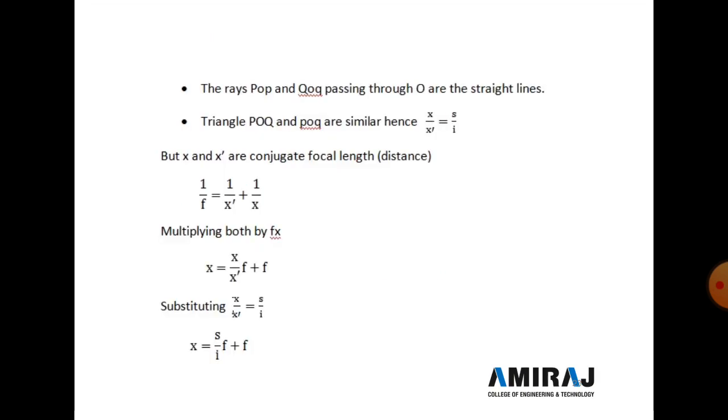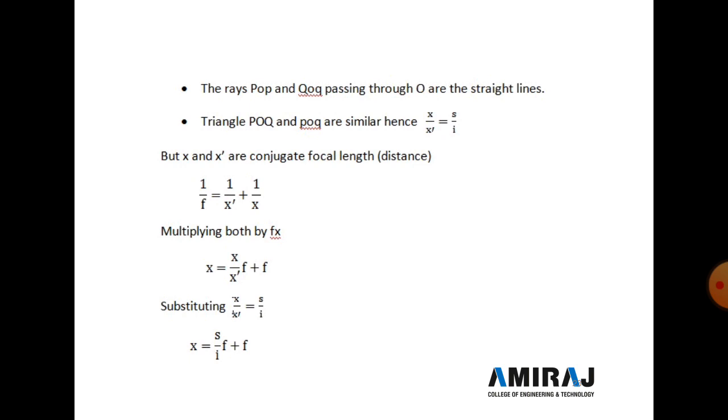Now x and x dash are conjugate focal distances, so 1 upon f is equal to 1 upon x dash plus 1 upon x. Multiplying both sides by fx, we get fx divided by f equal to fx divided by x dash plus fx divided by x.